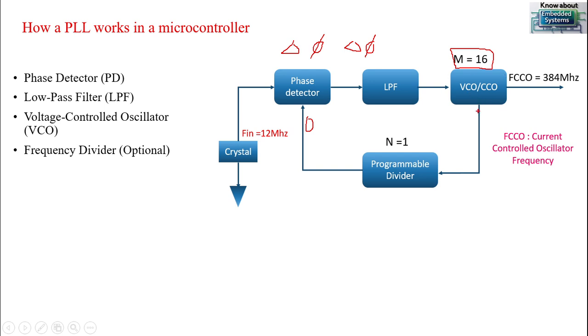What do VCO and CCO stand for? They stand for voltage controlled oscillator and current controlled oscillator. The output from the low pass filter will be in the form of voltage or in the form of current, and that will be given to the VCO or CCO.